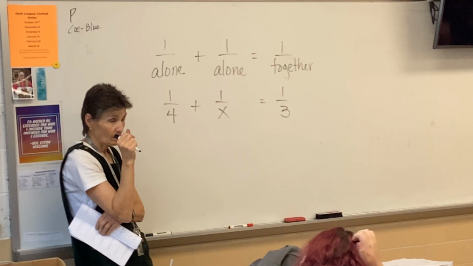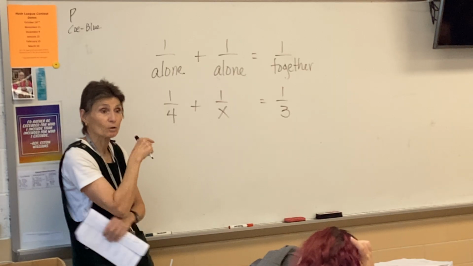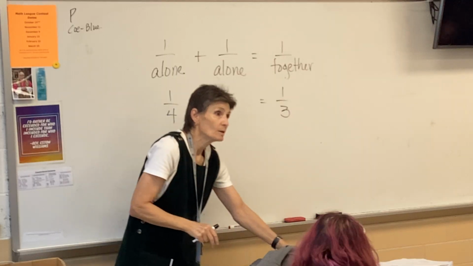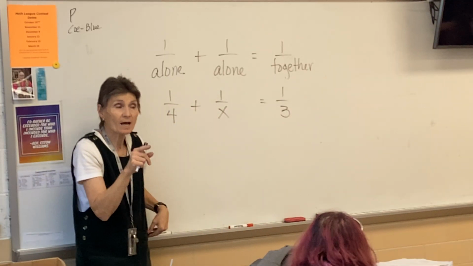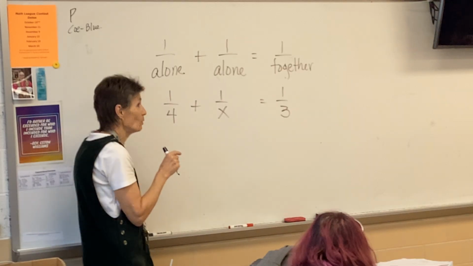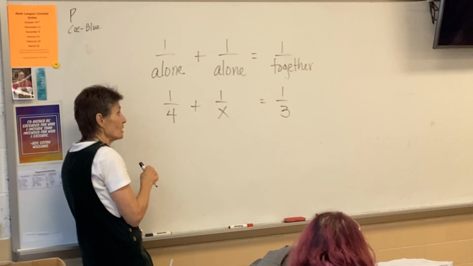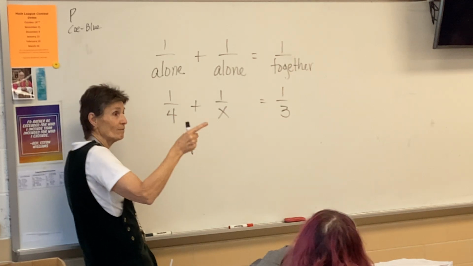Now, if you look at that equation, how do we solve an equation like that that's full of fractions? Multiply by X. Make the denominators match. What will be the common denominator? 12x.